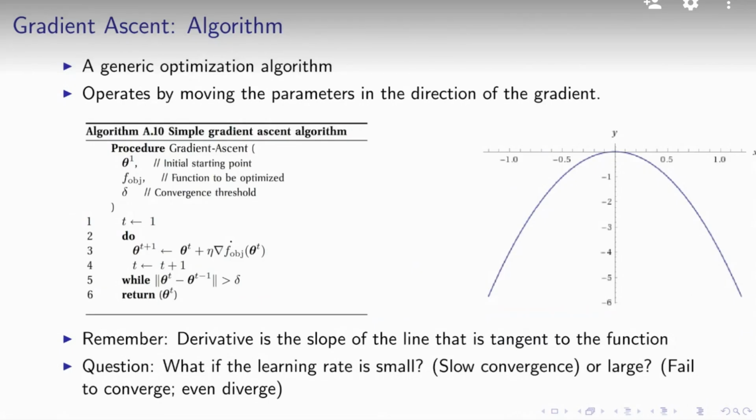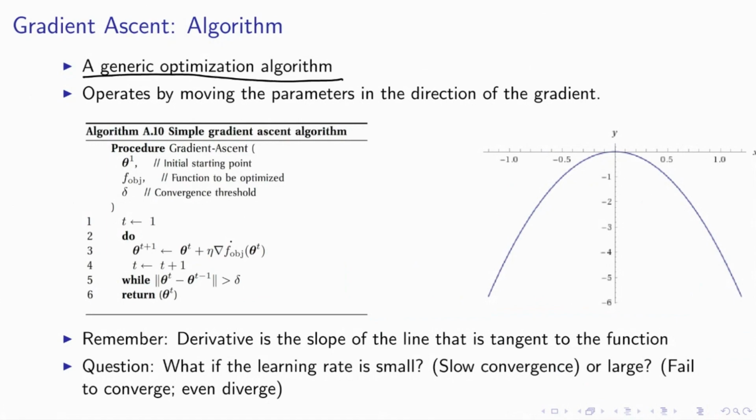Next, what we will do is look at the gradient ascent algorithm for solving our parameter estimation problems in the presence of a partially observed data set. Okay, so the gradient ascent algorithm is a generic procedure for solving optimization problems of the form max over x of f of x, right?